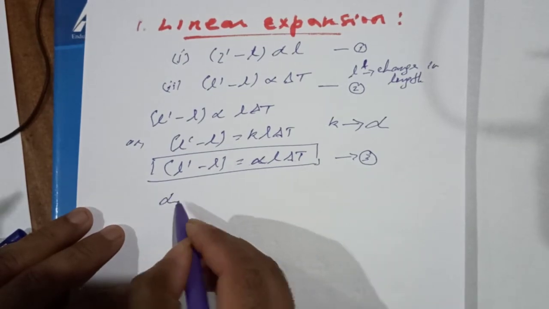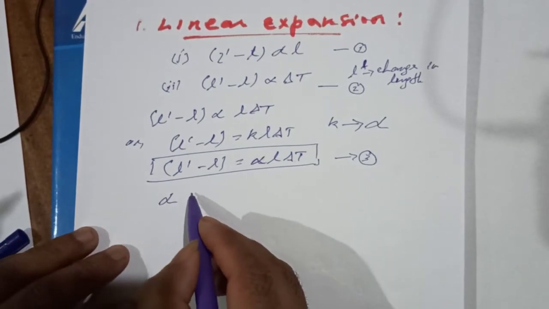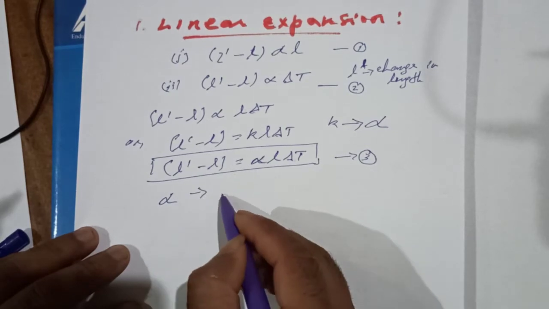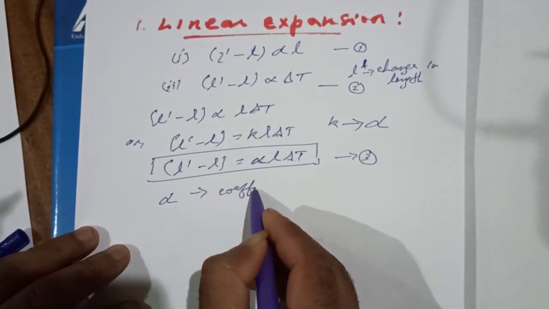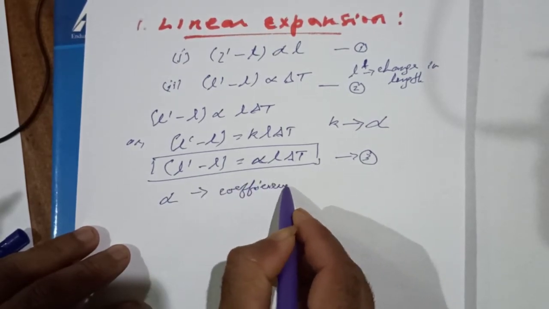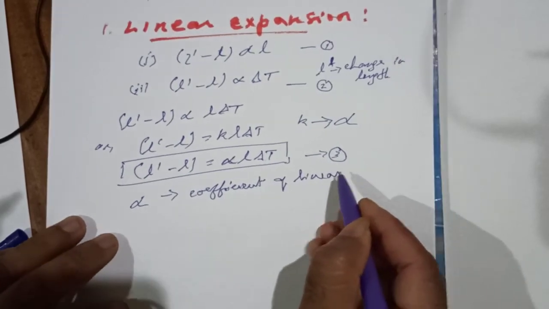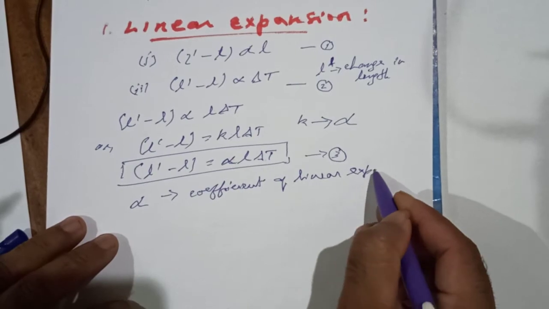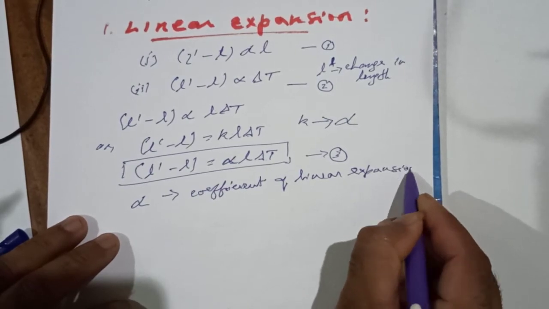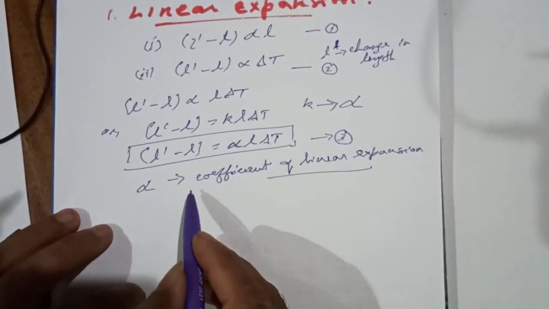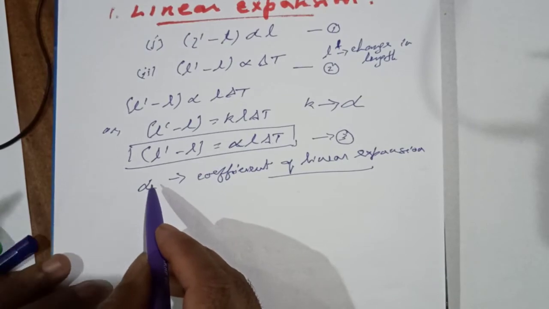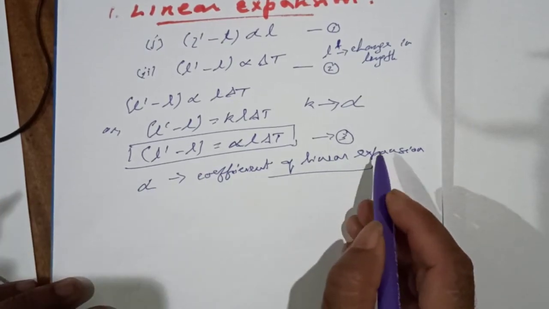So what is alpha? Alpha is called the coefficient of linear expansion. What does the coefficient of linear expansion mean?